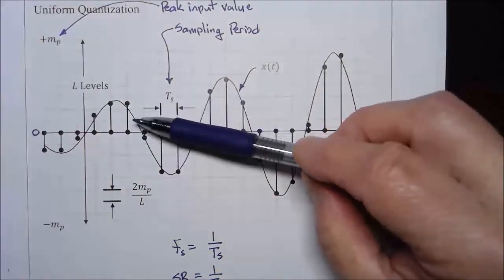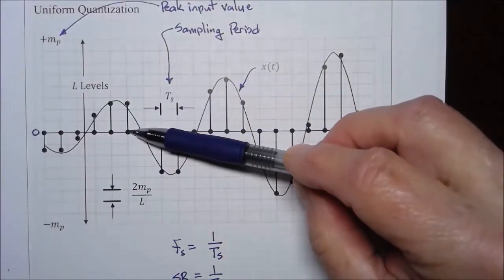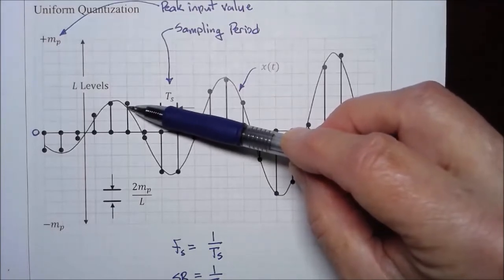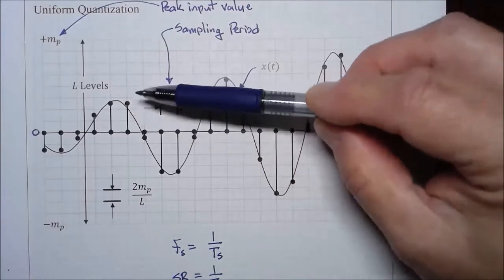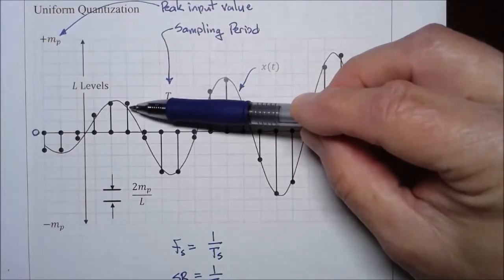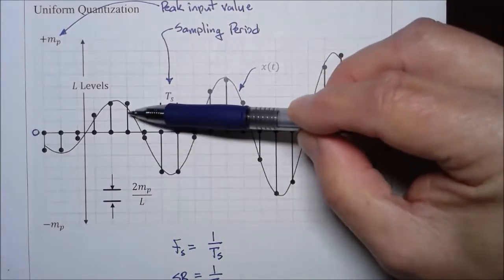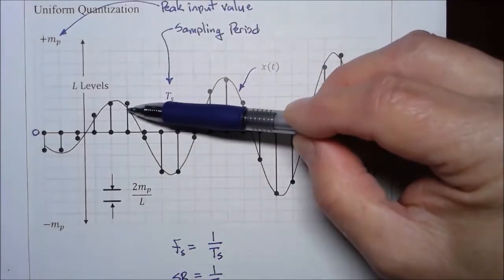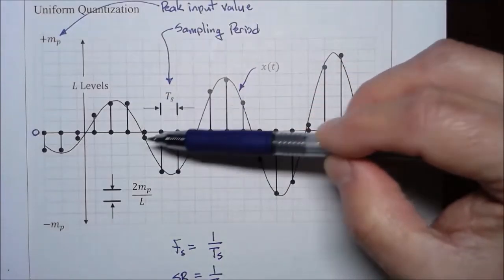Again, at each sampling time, the measured value of the signal is rounded off to the nearest standard value, which lies halfway in the middle between the lines, halfway between in each level. So in some cases, it's rounded to a higher value.